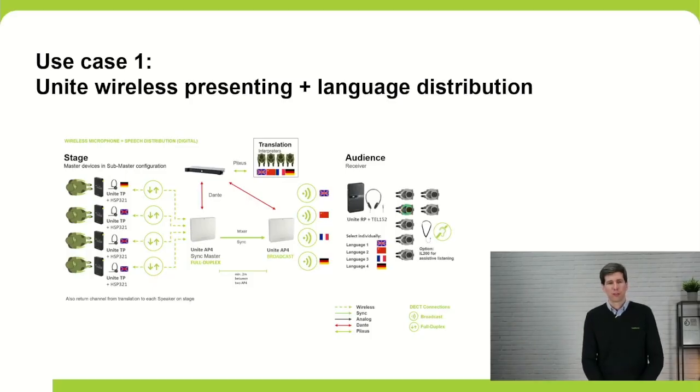Let's first look at the Unite Wireless presenting and language distribution use case, where we have 4 users or delegates talking into a Unite TP, each in their own language, combined with a Unite AP4, having those languages distributed with Dante through a Plixus central unit, and then connected with our interpreter desks on Plixus, and then having these languages broadcast back towards another Unite AP4. How would we do this with our Confero Advanced audio routing?